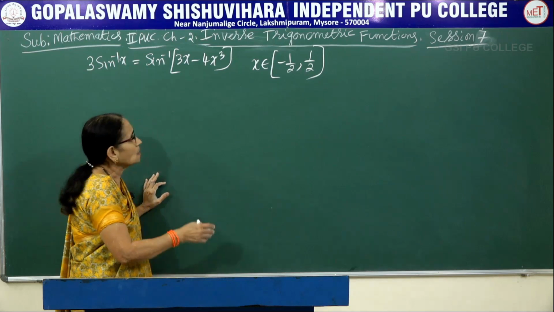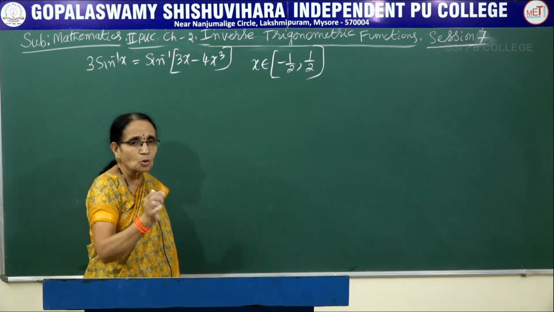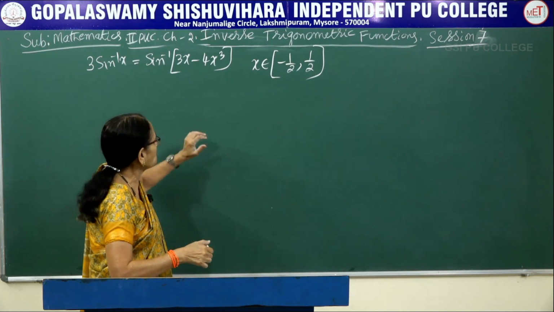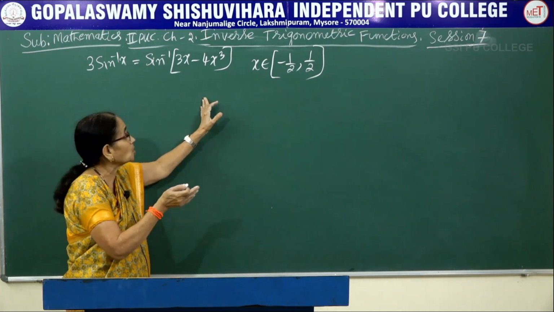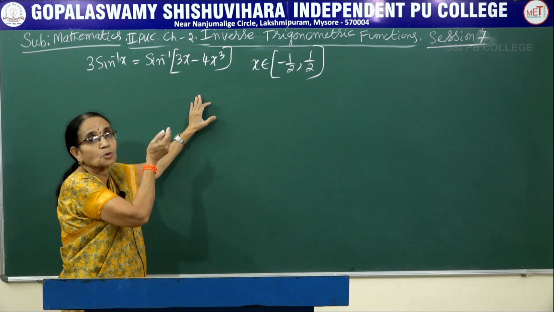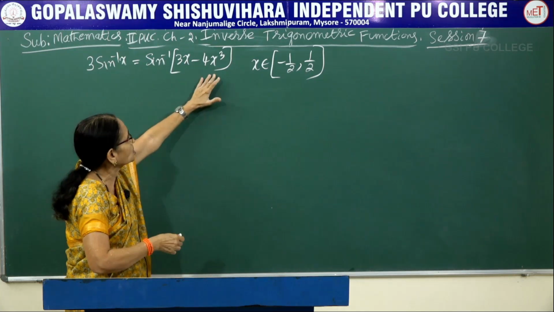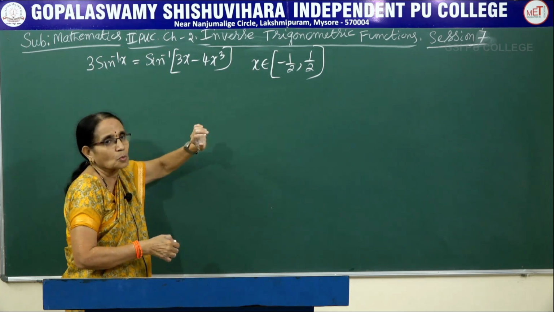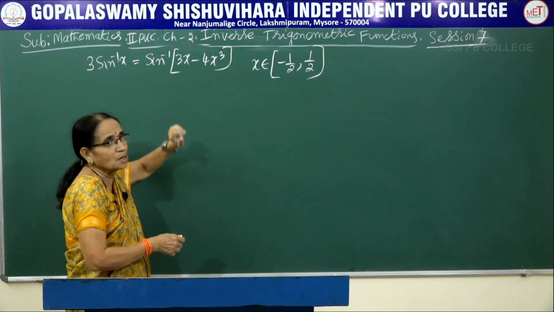Now, here I told you in the previous sessions, usually we start with the left hand side, arrive at the right hand side. In this problem, it is easier to start with the right hand side to go to the left hand side. Look at the function inside the square bracket, 3x minus 4x cube. Outside we are having sin inverse.